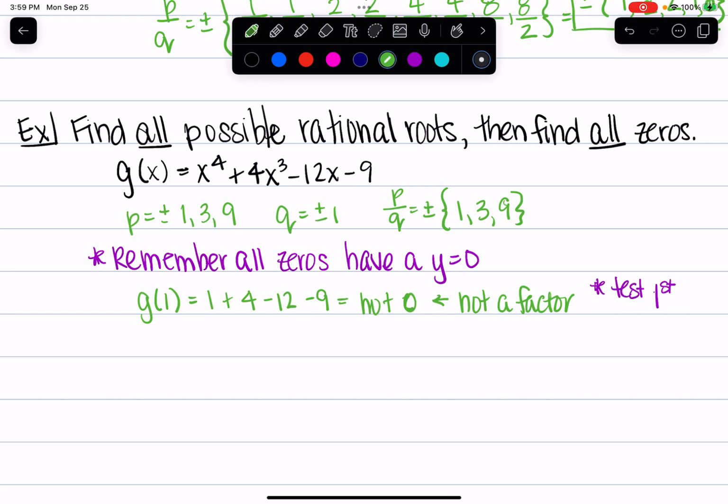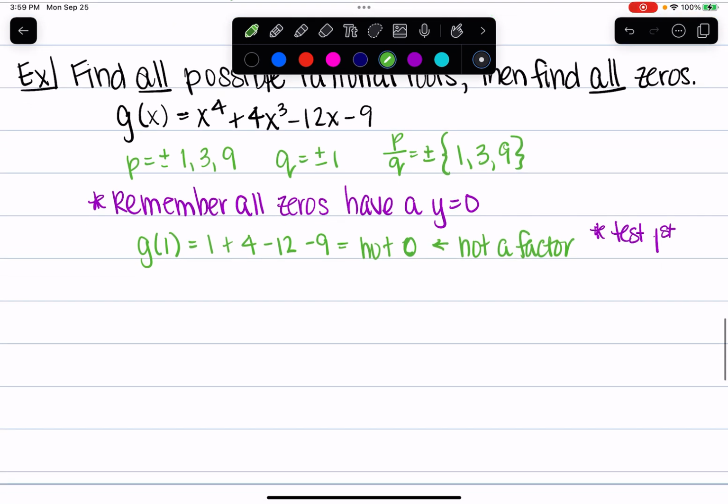And then you could do negative 1 and see if it would work, because that's just alternating based on sign. Negative 1 to the 4th would be positive, so that would be 1.